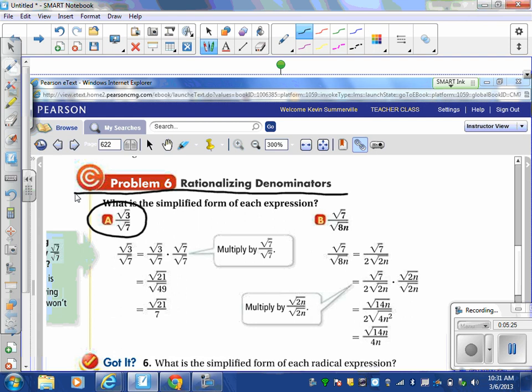You take the square root of 3 over square root of 7, and you want to multiply it by the bottom number, which is square root of 7, to both of them. You're going to multiply the top numerator by square root of 7 and the bottom by square root of 7 also. So when you multiply square root of 3 times square root of 7, you get the square root of 21.